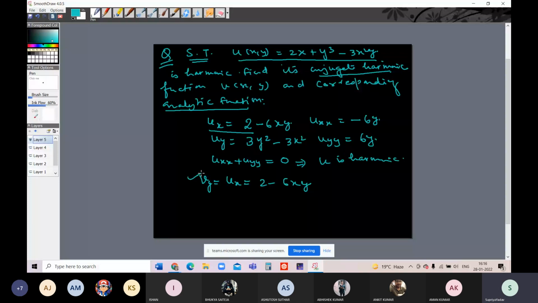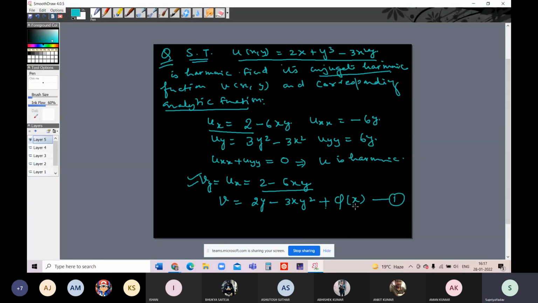Now integrating this function with respect to y, this will give v = 2y − 3xy² + φ(x), because we are integrating only with respect to y, so here we are adding an arbitrary function of x. Say that this is equation number 1.